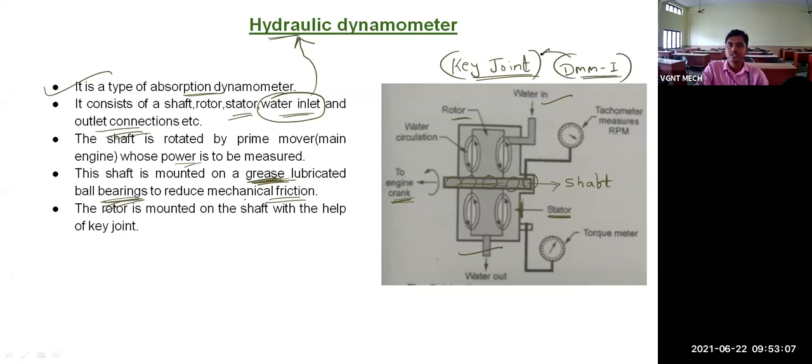In that subject you will study different types of joints: lap joint, butt joint, riveted joints, key joints. So with the help of this key joint, these rotors are connected with the engine shaft.